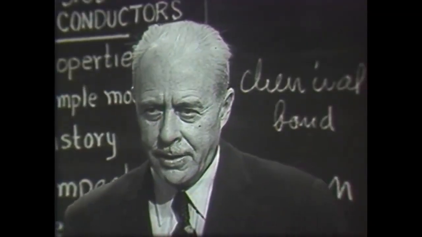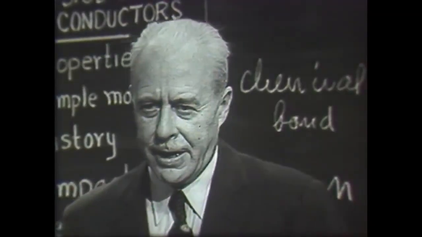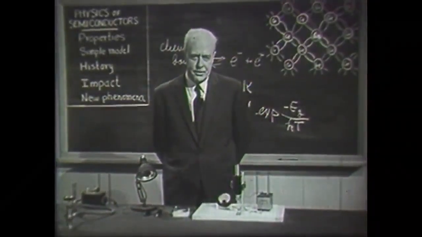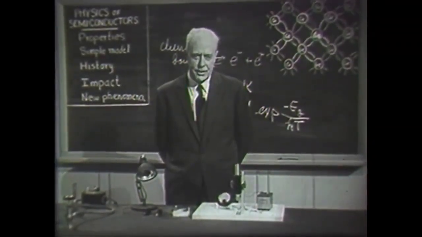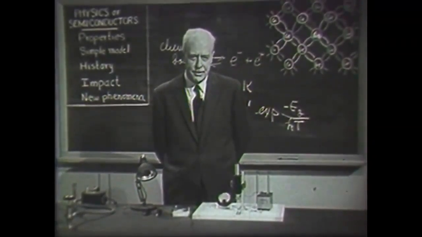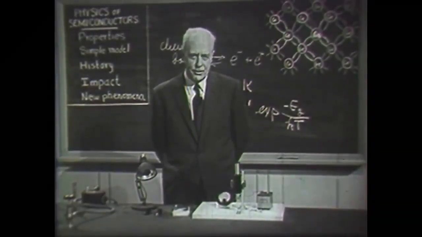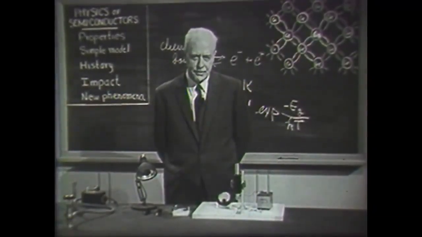What was surprising was that the mass can be much less, even 100 times less in some cases, than the mass of an electron in free space. This phenomenon was called cyclotron resonance.